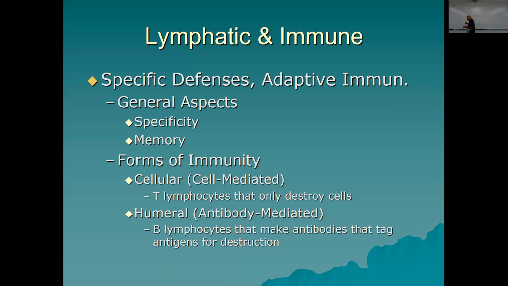Okay. Forms of immunity. There are two types of adaptive immunity: cellular or cell-mediated immunity, and that's T lymphocytes. These guys can only destroy cells. That's it. They can destroy bacterial cells, fungal cells, and cells that have become infected by a virus or transformed by cancer.